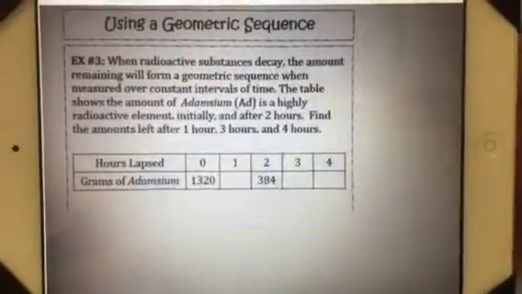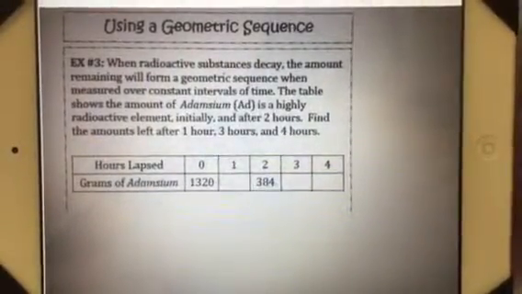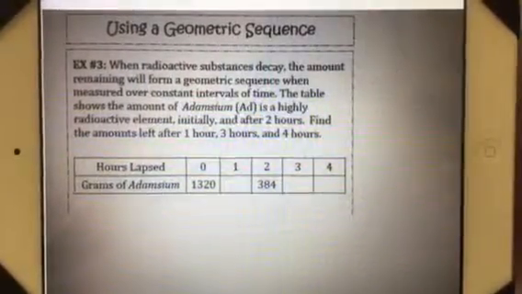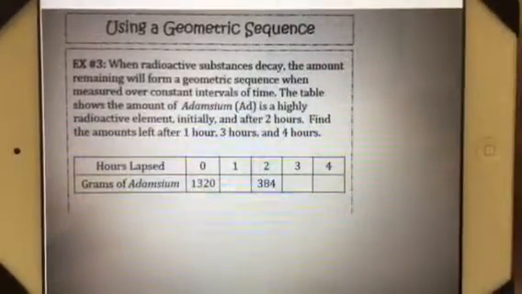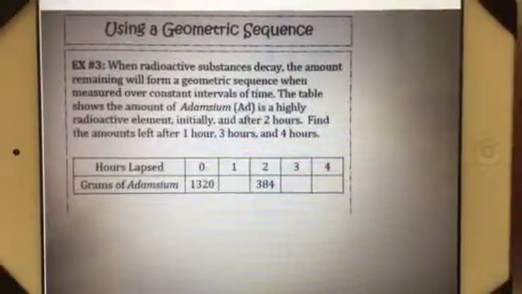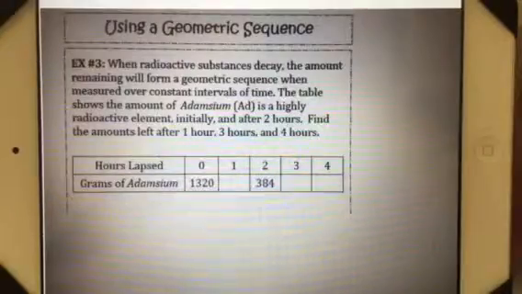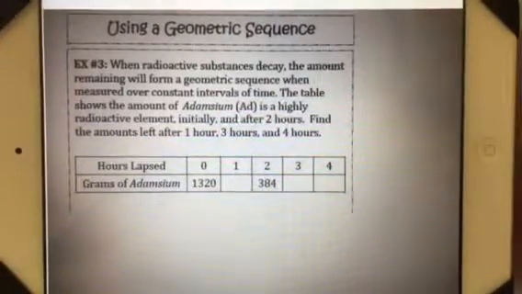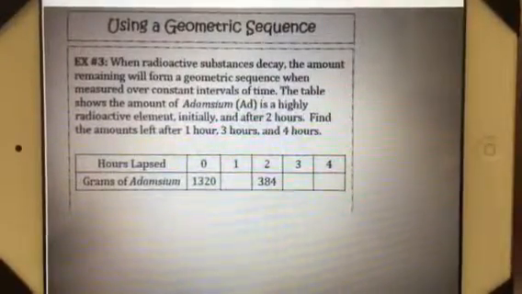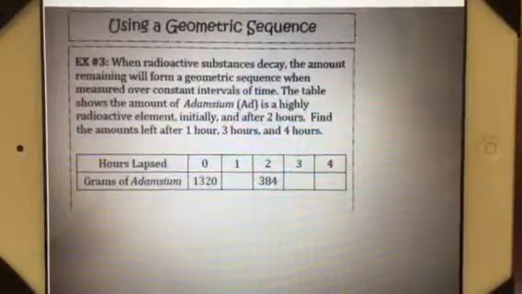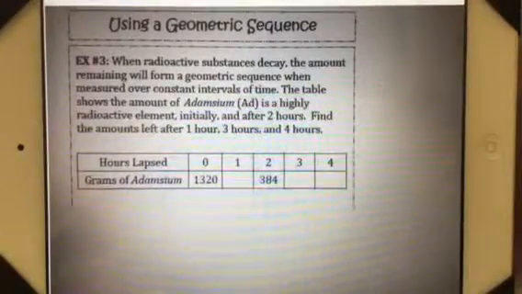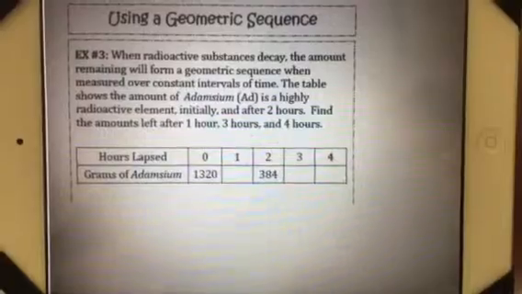Okay, let's look at example 3. When radioactive substances decay, the amount remaining will form a geometric sequence when measured over constant intervals of time. The table shows the amount of adamantium, a highly radioactive element, initially and after 2 hours. Find the amounts left after 1 hour, 3 hours, and 4 hours.